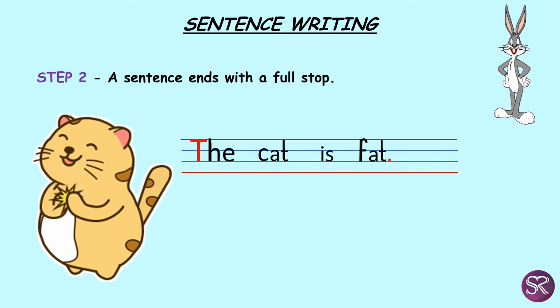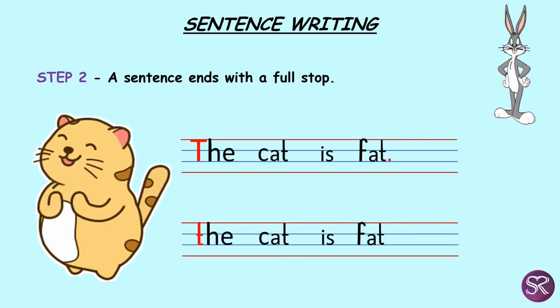Look here, the first step what we have learned is the beginning letter, the first letter should be capital. So T is written capital. And at the end, there is a small dot. Did you notice, children? It is called full stop. A sentence ends with a full stop.